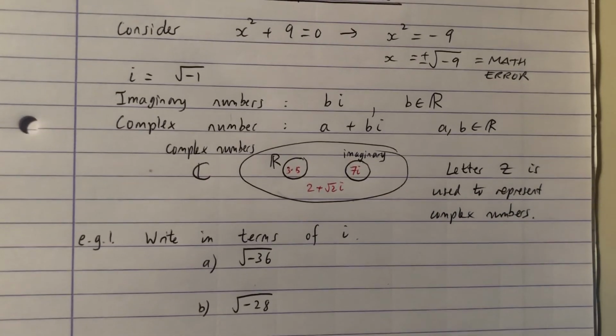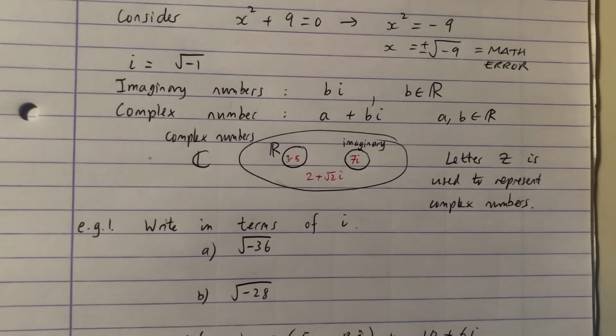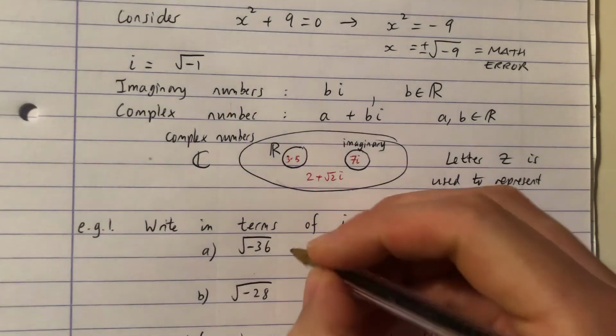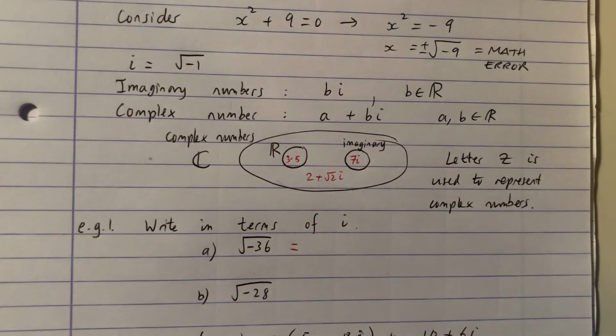So we're going to write the answer to these square roots now, and rather than just type math error, we're going to write them using imaginary numbers in terms of i. You might remember doing surds previously, but normally when you do a surds question, if this was a positive number, you would rewrite it as times by the biggest square number.